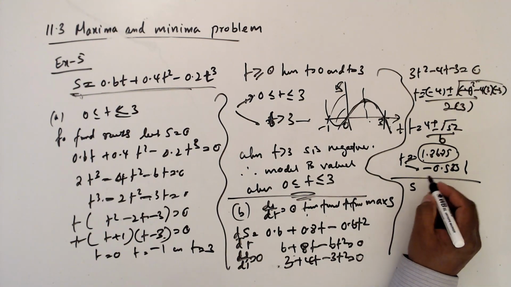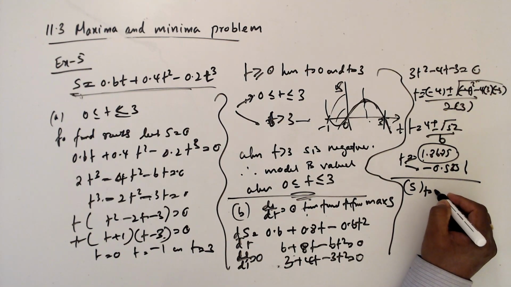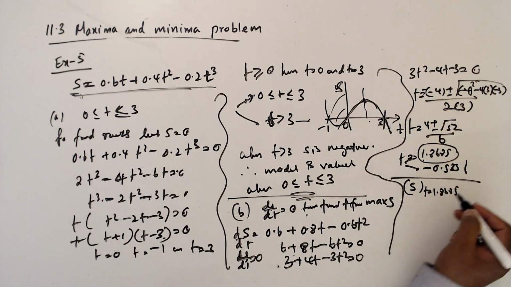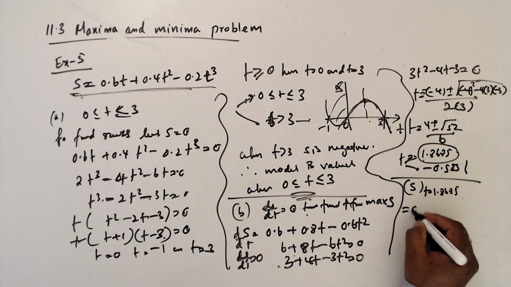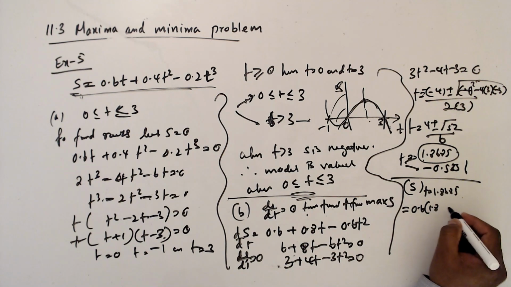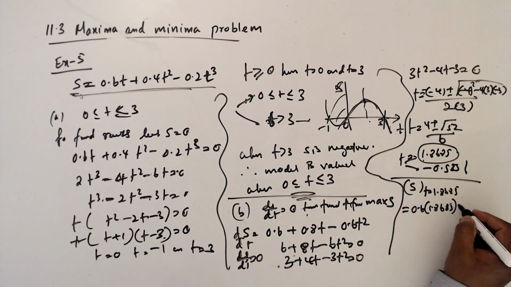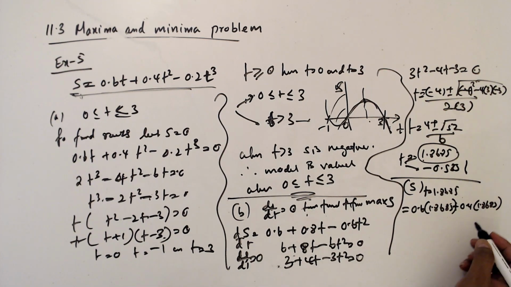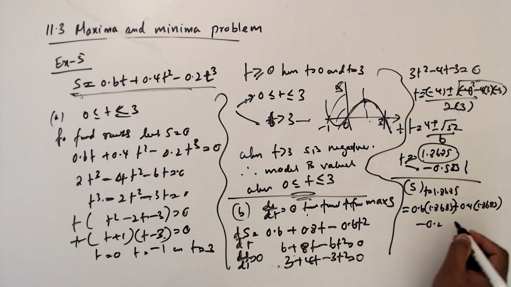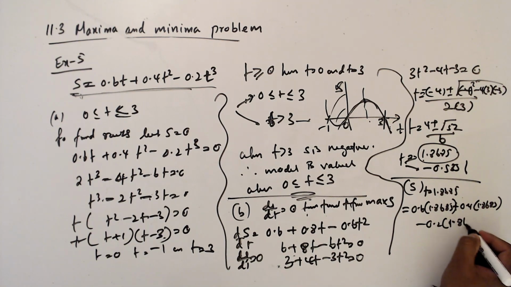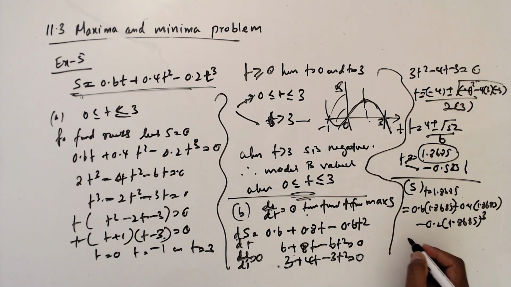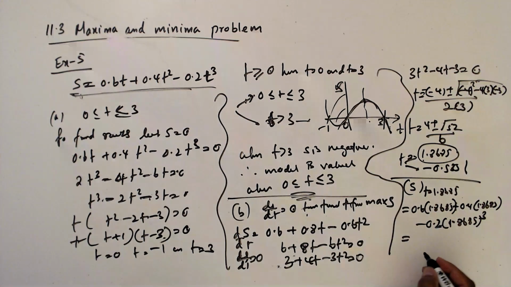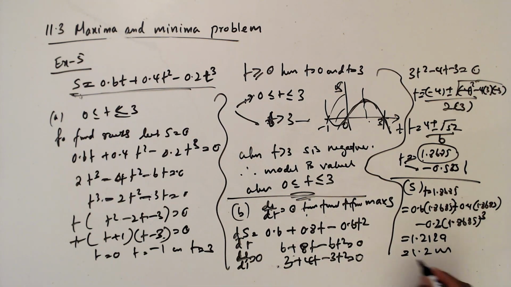When t equals 1.8685, s equals 0.6 times 1.8685 plus 0.4 times 1.8685 squared minus 0.2 times 1.8685 cubed, and the answer is 1.2129, so approximately 1.2 meters.